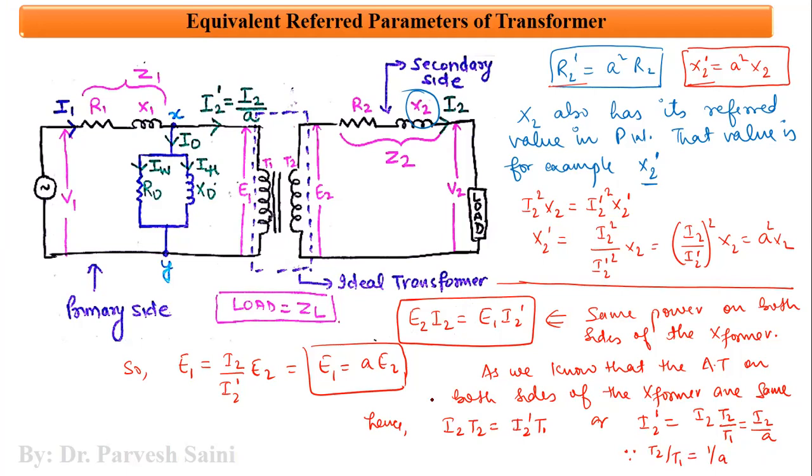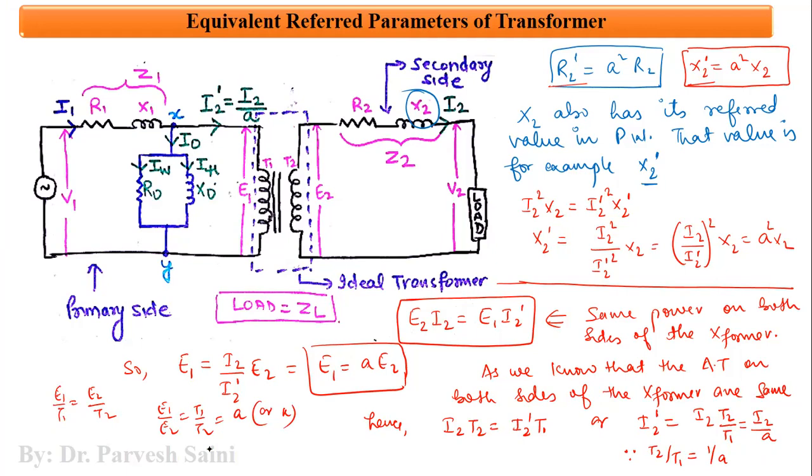Now, how did we get this one? Because we know from the transformation ratio, voltage to turn ratio, E1 by T1 is equal to E2 by T2. So E1 by E2 is equal to T1 by T2 is equal to A or K, right? So notation could be any.